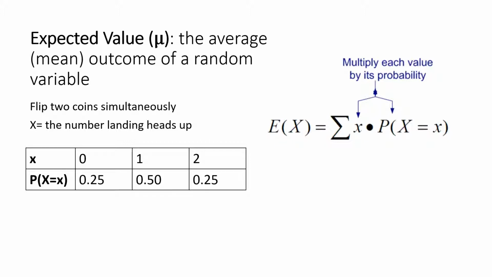So for our coin flipping example, looking at the number of heads facing up in 2 coin flips, we find the expected value of x by taking 0 times its probability 0.25, plus 1 times 1's probability 0.5, plus 2 times 2's probability 0.25, and that gives us an expected value or a mean of mu equals 1.